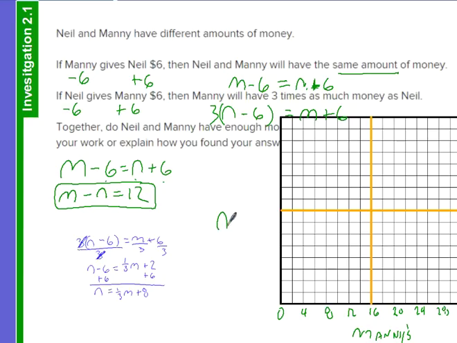For Neil's money, we have 0, 2, 4, 6, 8, 10, 12, 14, 16, 20, 24. I'm just going to stop there.